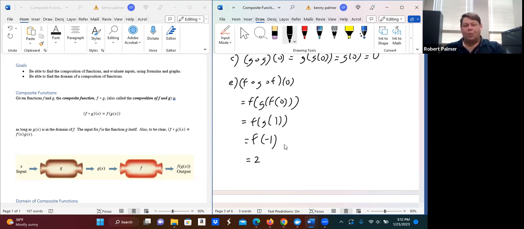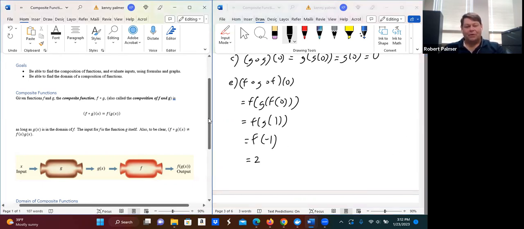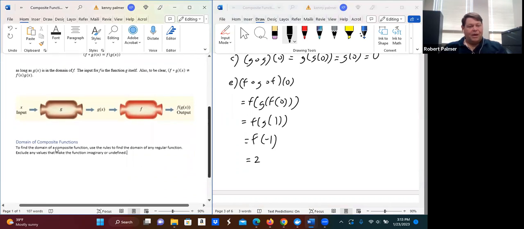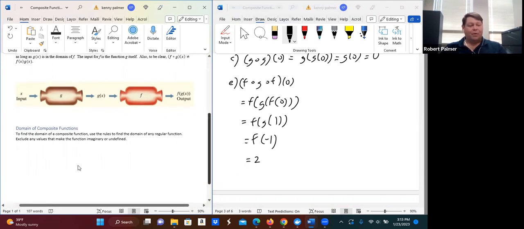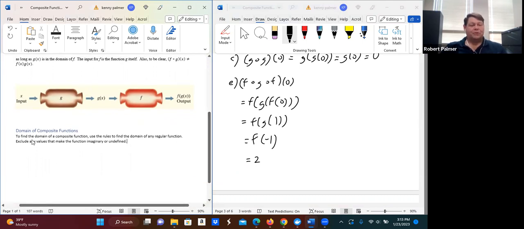All right. Now, one last thing I want to mention before you leave is the domain of composite functions. Sometimes people use specific rules for these, but I think it's easier to remember the rules we already have for defining the domain of a function. So to find the domain of a composite function, use the rules to find the domain of any regular function. Remember, that meant you have to exclude any values that make the function imaginary or undefined.